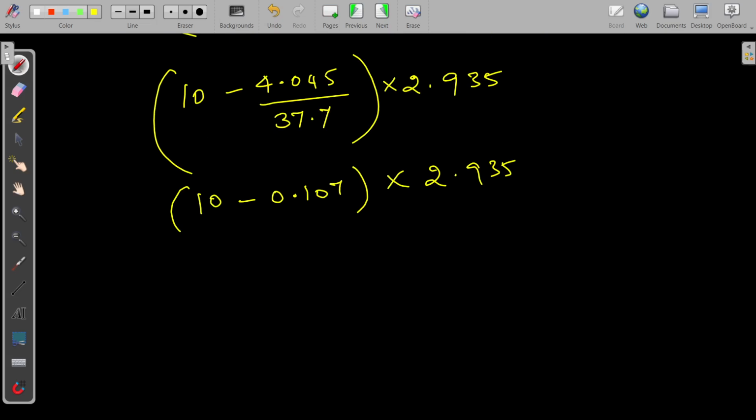So 10 plus this 0.107 is equal to 10.107, multiplied by 2.935, that is equal to 29.035 watts.